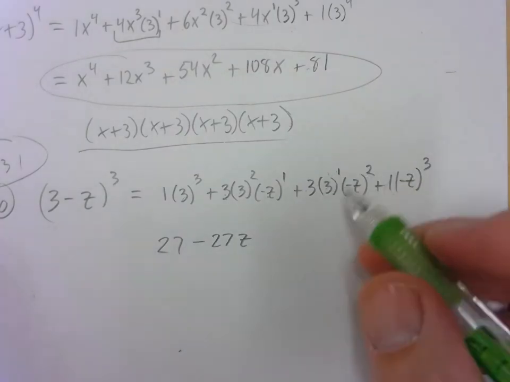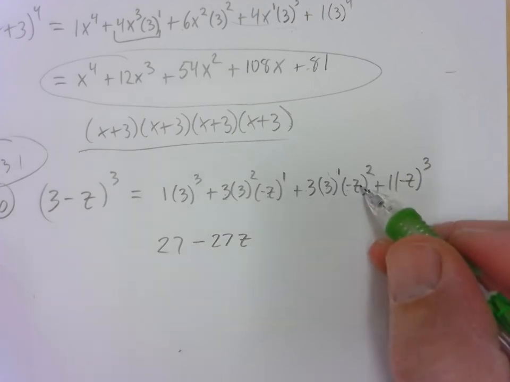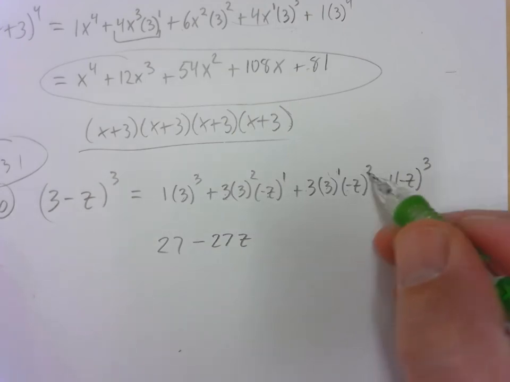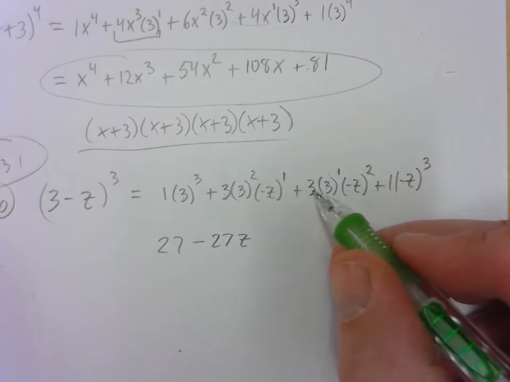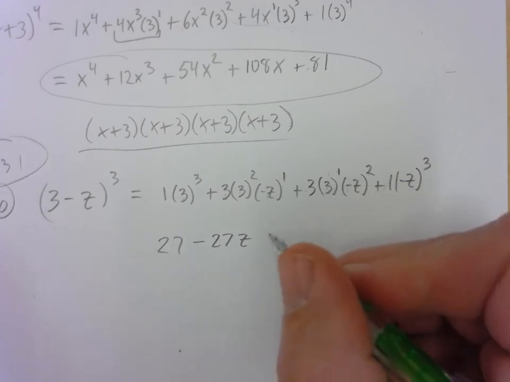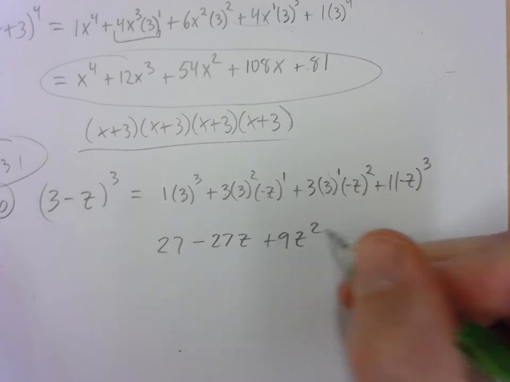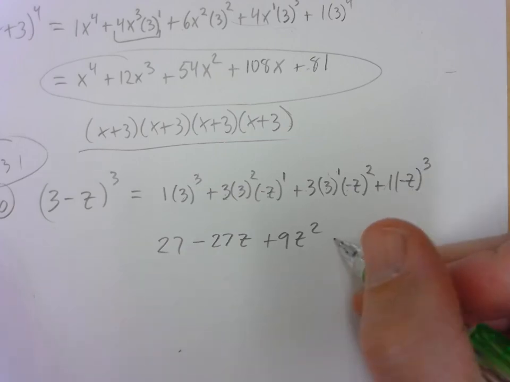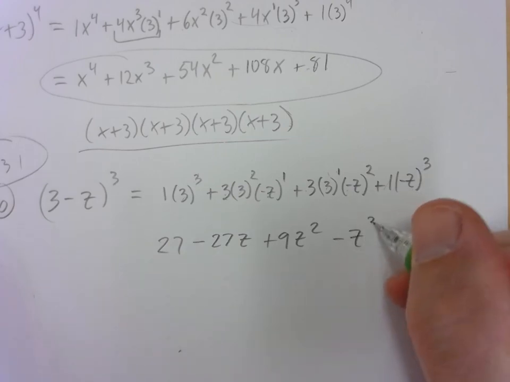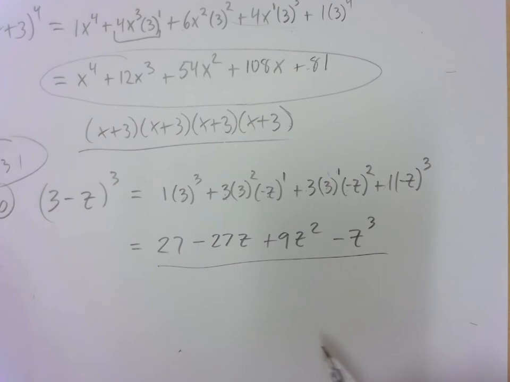And when you square, we've got to always follow the order of operations. So I square the negative, which is positive. So it's 3 times 3 is 9, plus 9z squared. And then a negative cubed is negative, so it's negative z to the third. So this is standard form, that's factored form, and those are equivalent.